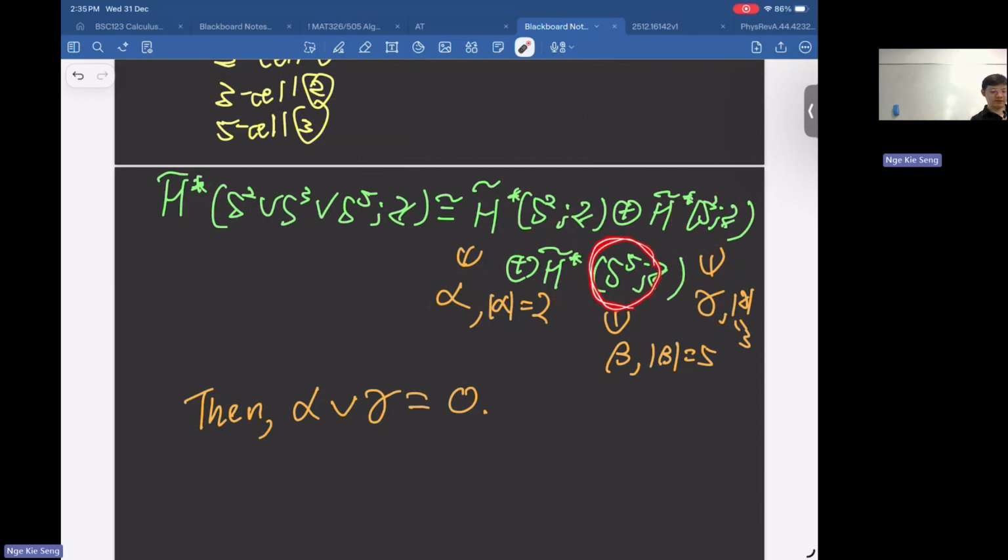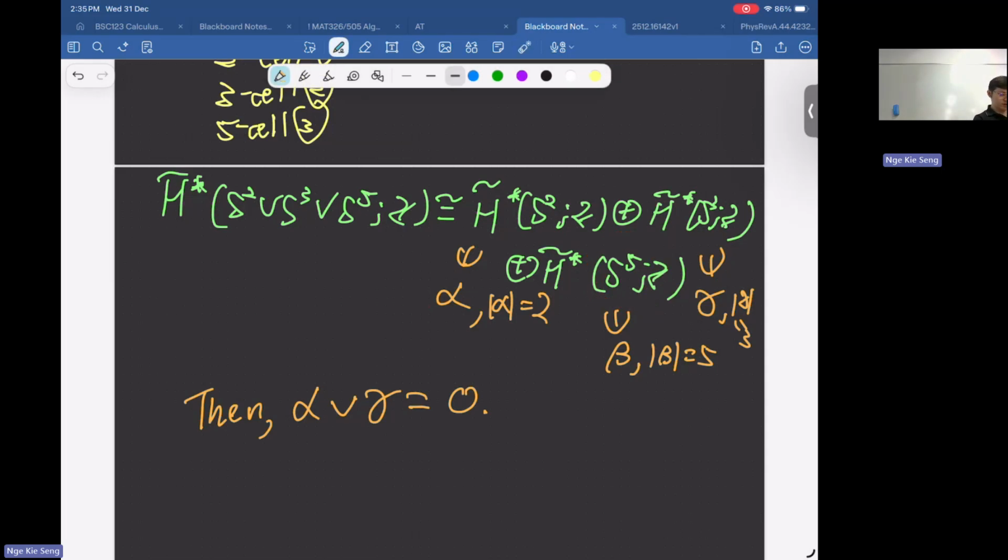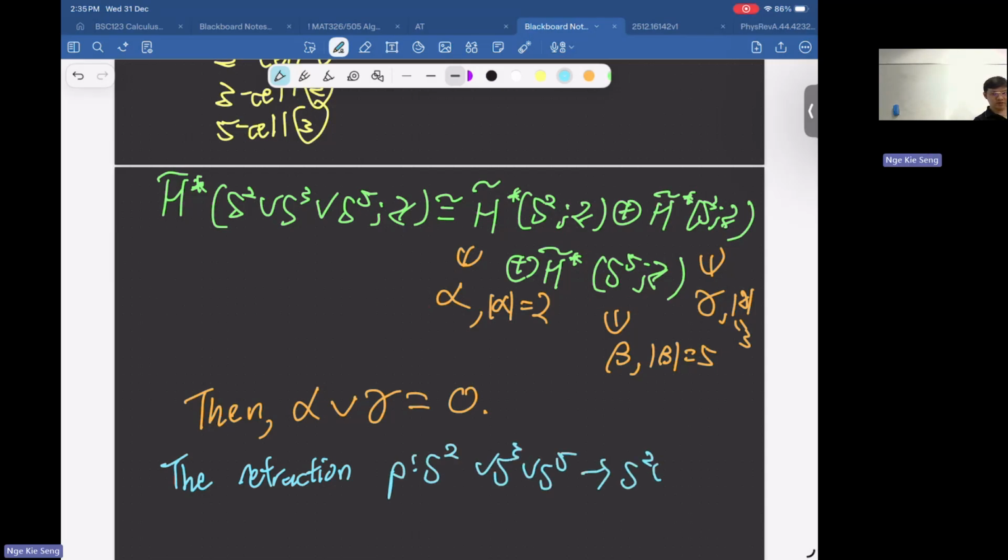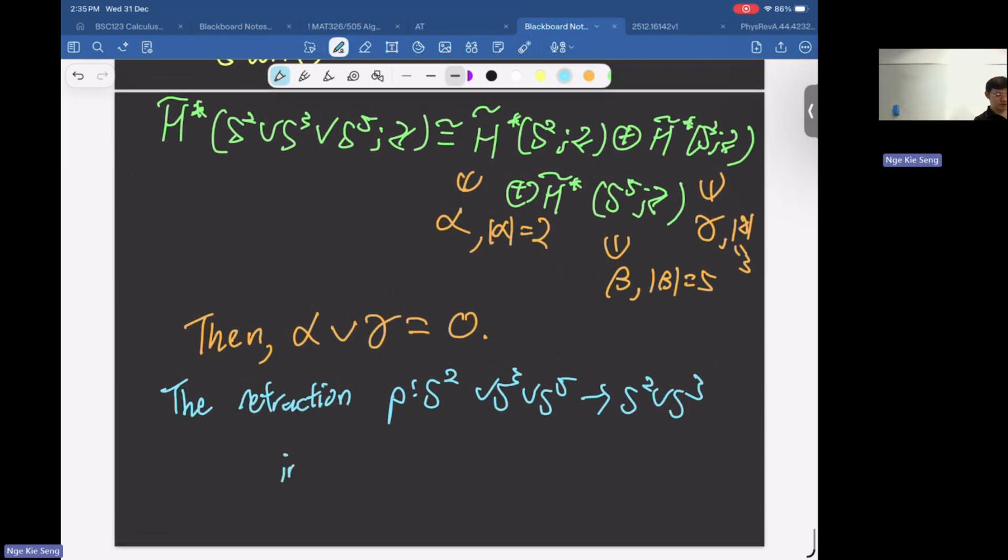The degree 5 generator here applies to points on X5. In the textbook or lecture notes, we say it with the retraction map. Another way to put this is the retraction map from X2 wedge X3 wedge S5 going to S2 wedge S3 induces the isomorphism on H2 and H3.